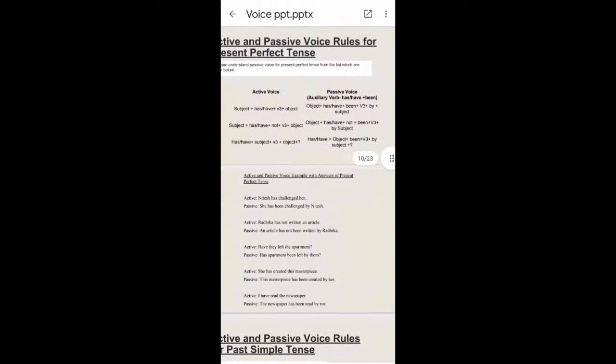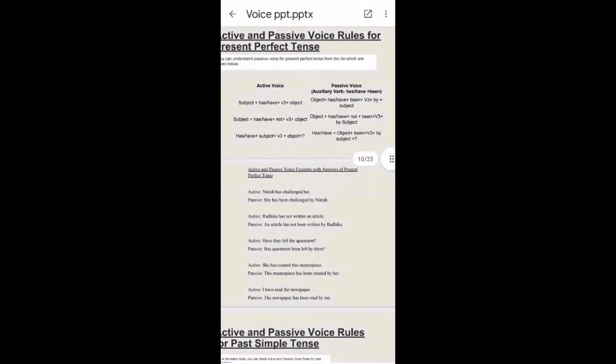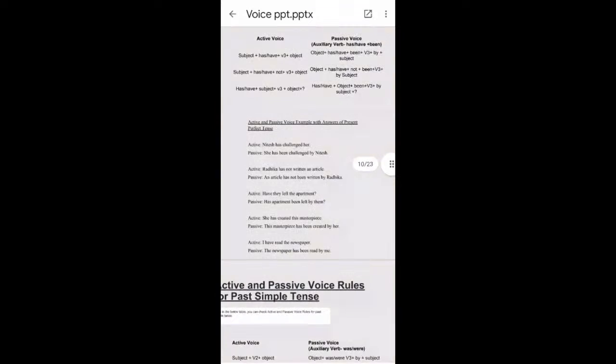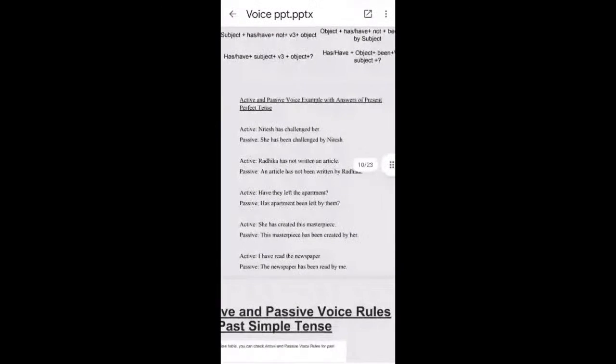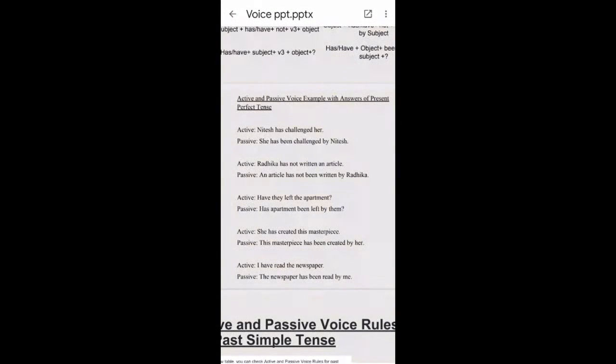When you have such type of sentences in present perfect tense, has or have will be there, okay? Then you need to add been plus V3 plus the subject. So see here, the first sentence, Nitesh has challenged her.